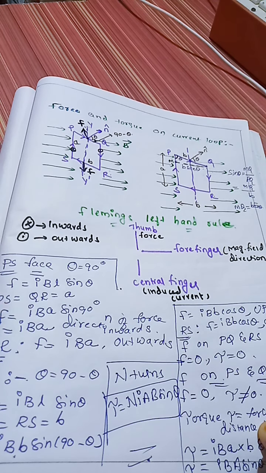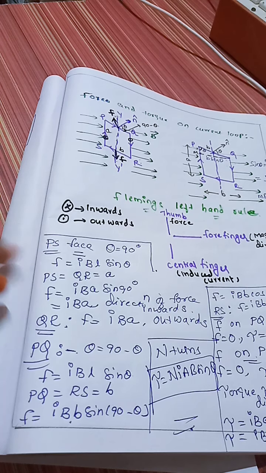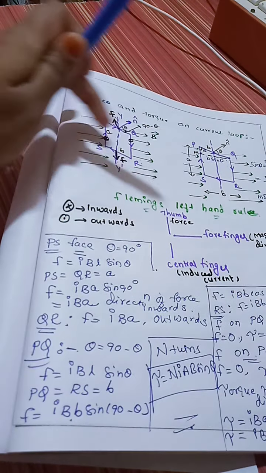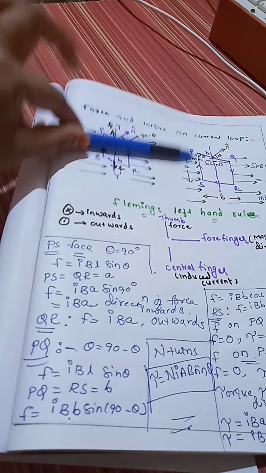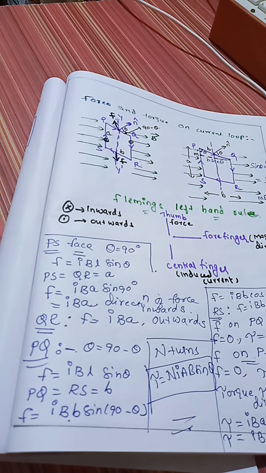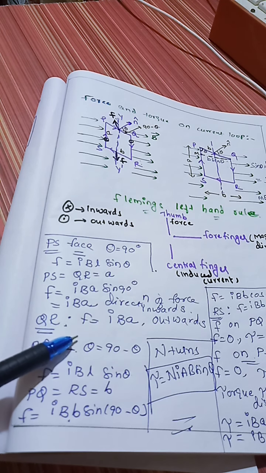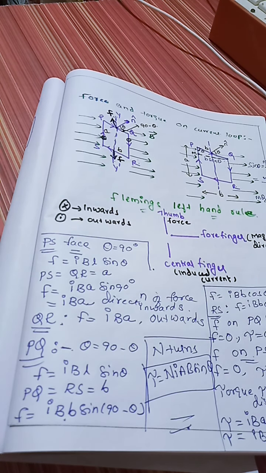Now similarly, let us take the QR face. This is the QR face, and it is perpendicular to the field direction. As it is perpendicular to the field direction, as usual theta will be equal to 90 degrees. So in the same way, again we get the force equal to IBA. Now let us see the direction of the force here.